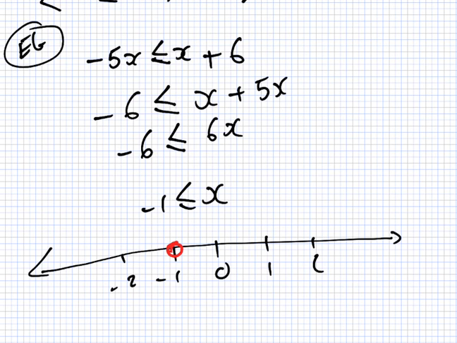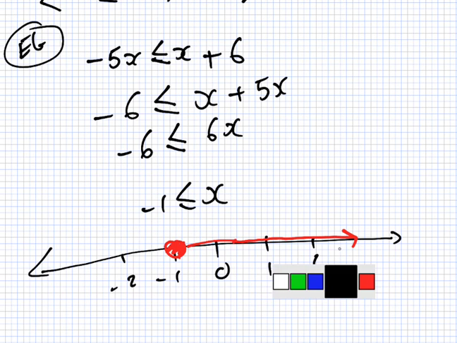So to show that I want the minus 1, I colour it in and then draw the arrow going this way. Bigger than minus 1. You sometimes have this. And the way we show that on the number line is we draw an open circle, which means not including minus 1. But we do want minus 1, so I'll colour the circle in. So this is the answer for the first example.